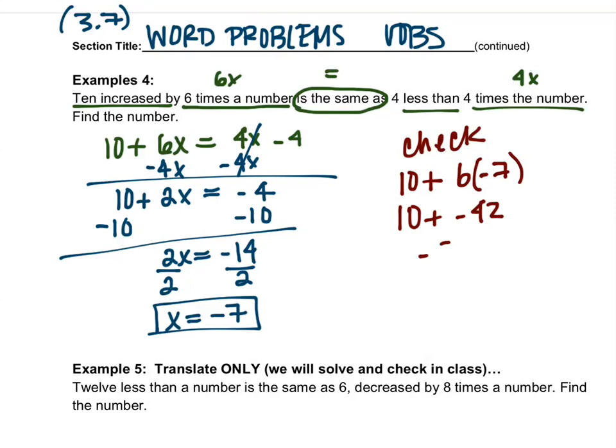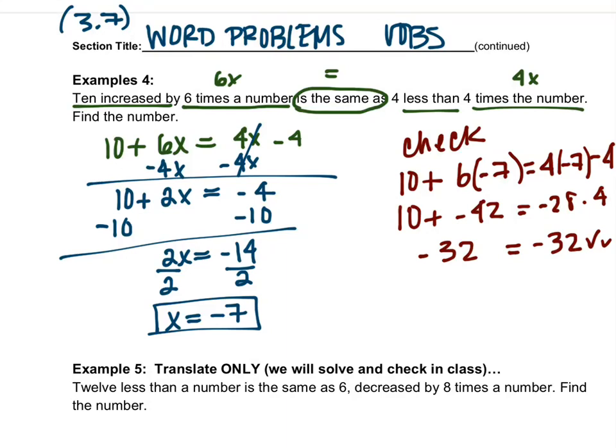So this gives me negative 32 on that side. If I go ahead and say 4 times negative 7 is negative 28, minus 4, that will in fact give me negative 32. Lucky for us, it did check out.